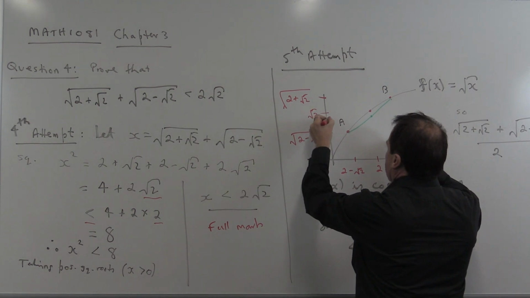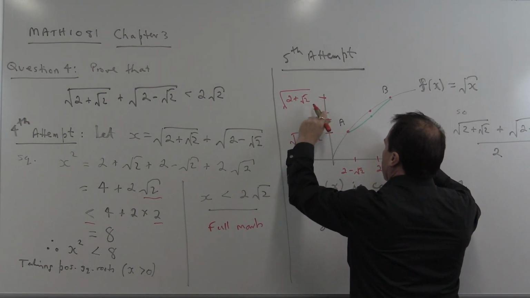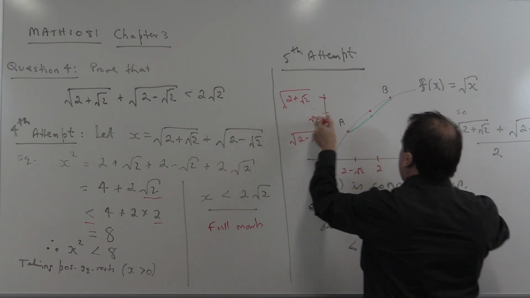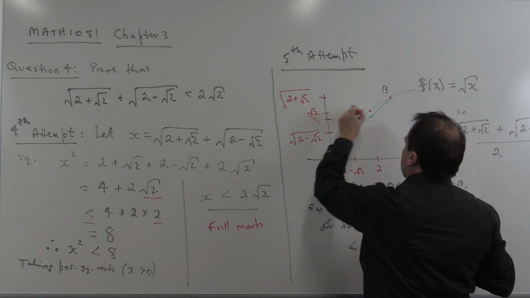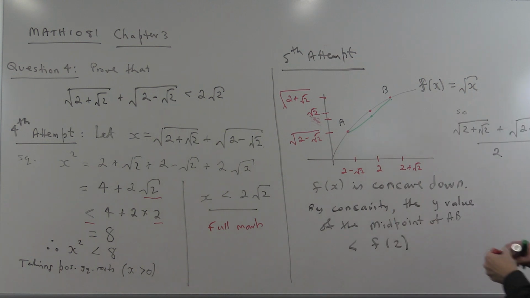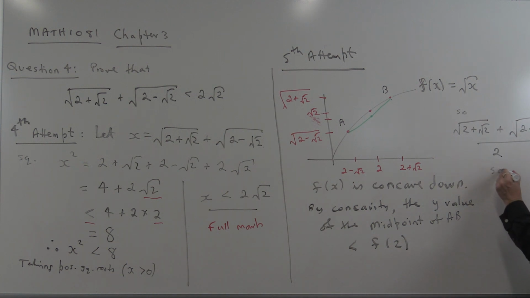That should line up a bit better with that one, just to make it clearer. So it's root 2, so that's the y. Sorry, I had it right the first time. So that's going to be less than root 2, and finally then multiplying by 2, I get root 2 plus root 2 plus root 2 minus root 2 is less than 2 root 2. And that proves the result also.